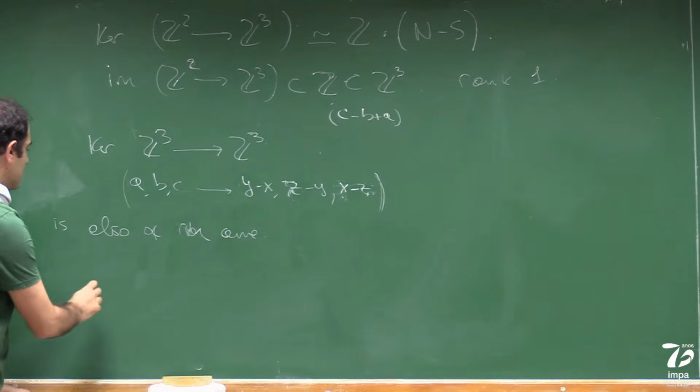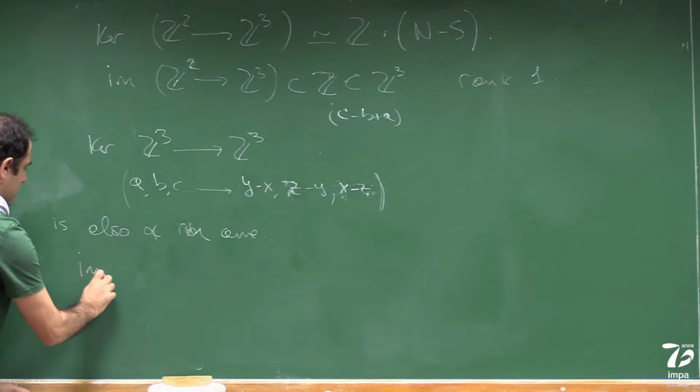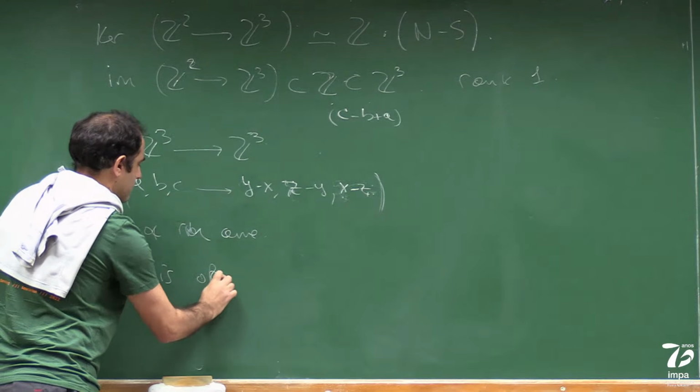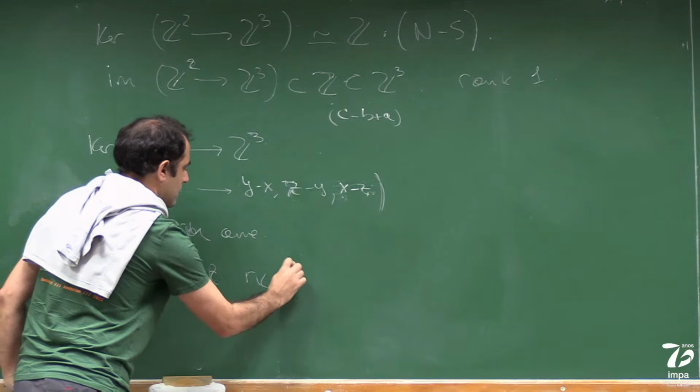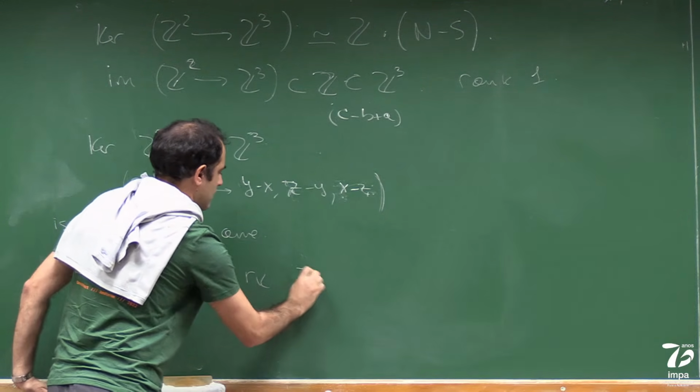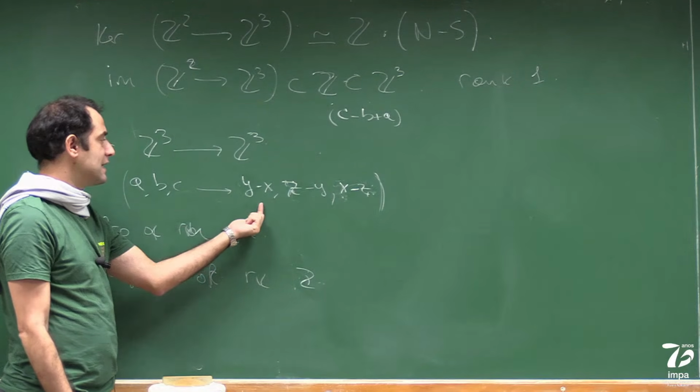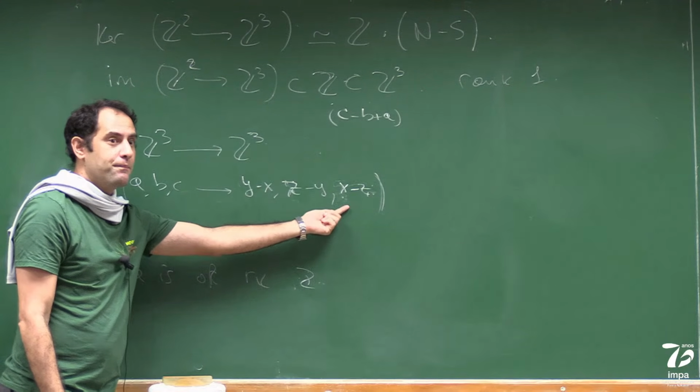The image is of rank 2. This is because these three vectors have the same property that the sum of the coordinates is 0.